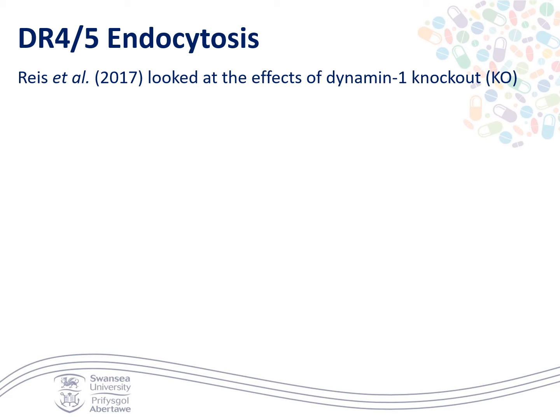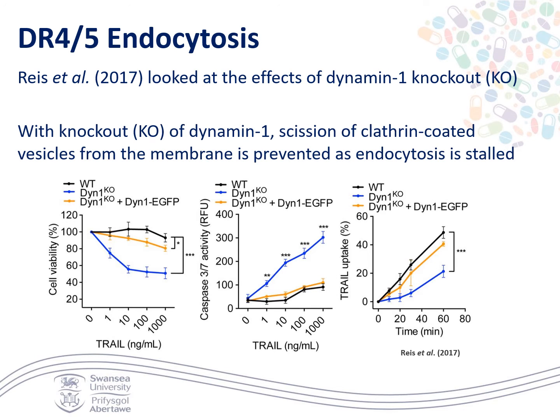And following on from the 2006 Austin study, not very much happened looking at the interaction between the death receptors 4 and 5 and the endocytic protein families. This was until 2017 when a really cool study came out looking at the impact of dynamin 1 knockouts. And by knockouts, we're talking about cells which do not have the gene, so cannot produce dynamin-1 protein.